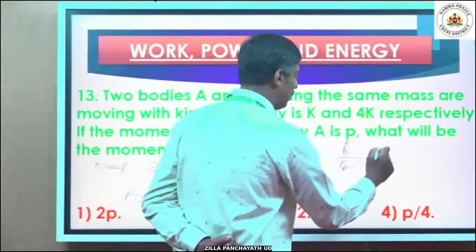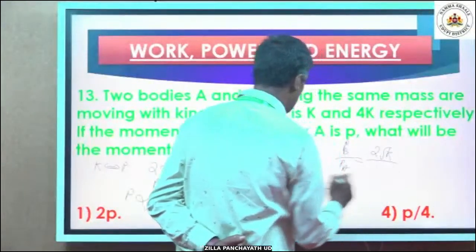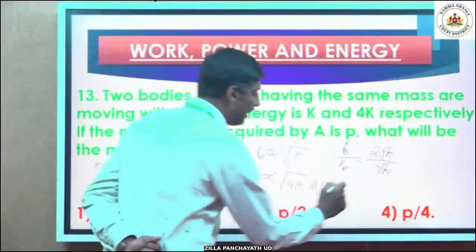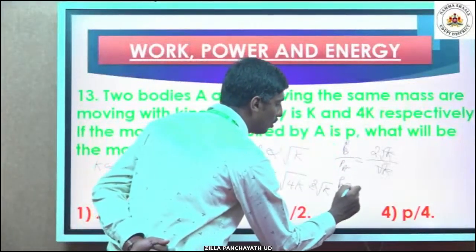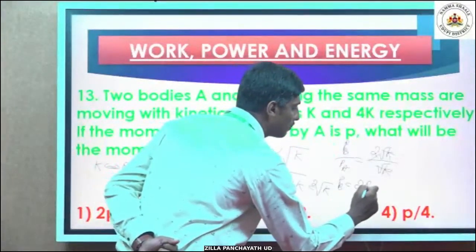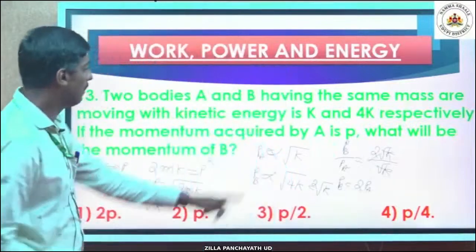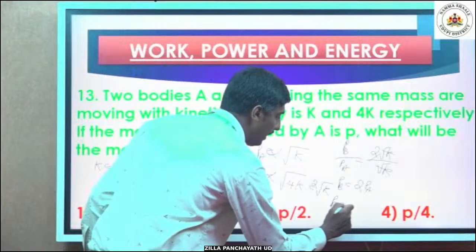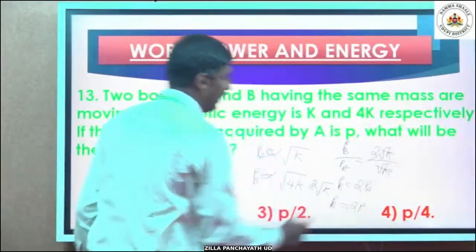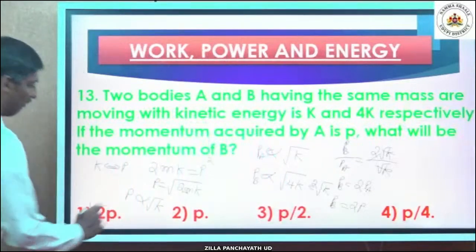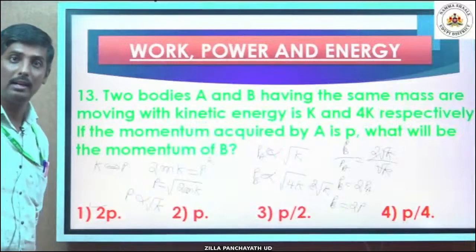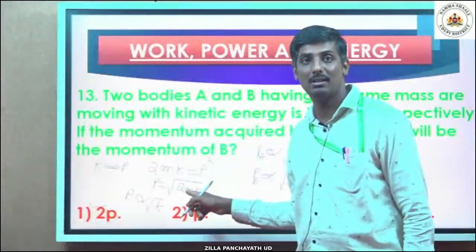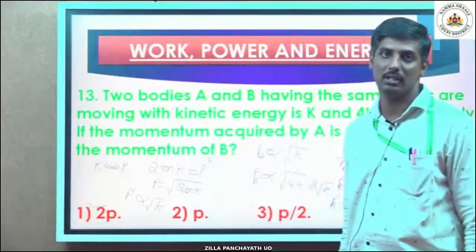PB is 2 root K and PA is root K. This cancels, so cross multiplying, PB is equal to 2 times PA. What is the momentum of A? Momentum of A is P. So momentum of B is 2P. See, the option is 1. Clear? Remember, children, this is a very important formula to solve the relation between momentum and the kinetic energy. Clear? Okay.